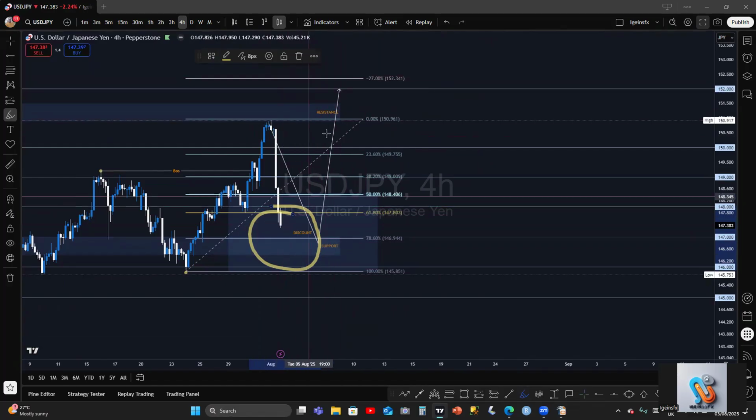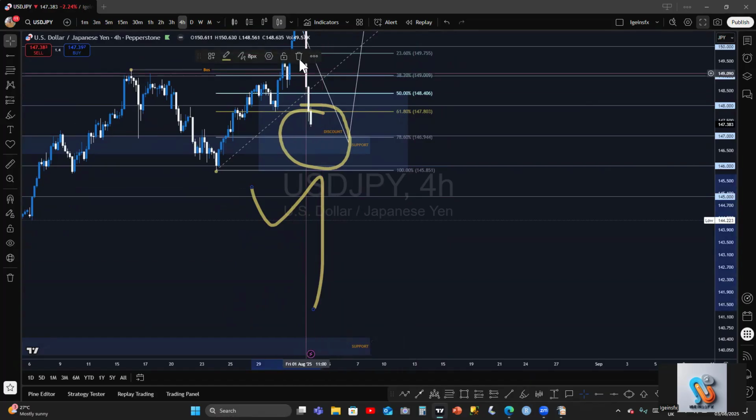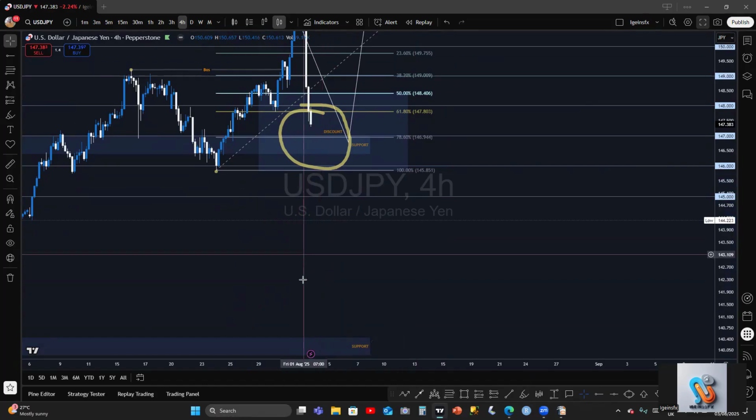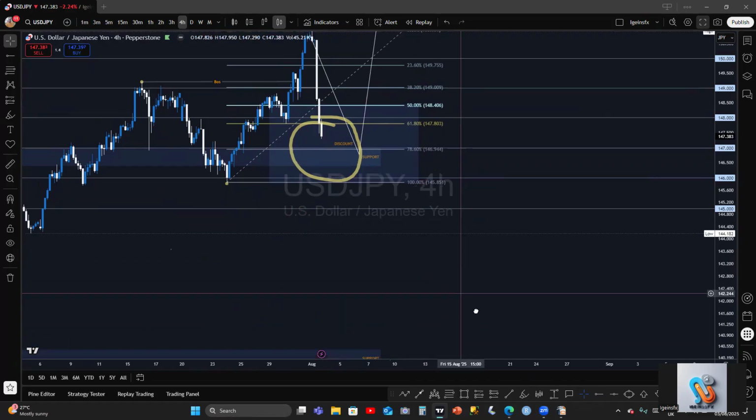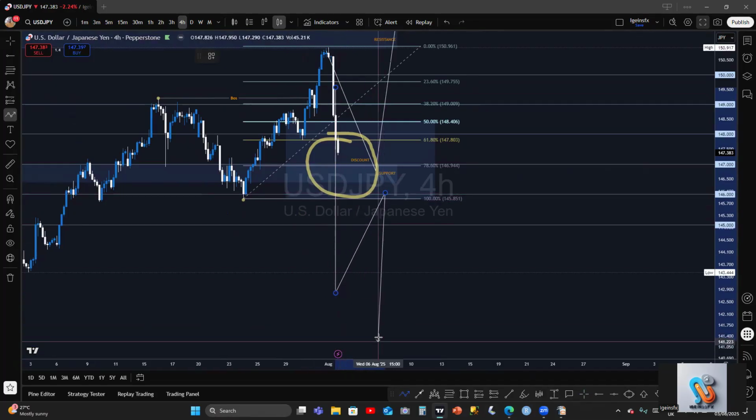But if this level continues to push and it breaks down this whole structure, that means we'll wait for a pullback before we start to sell. Because once price action breaks down this level, it's going to come back and make a pullback before it continues pushing to the downside.